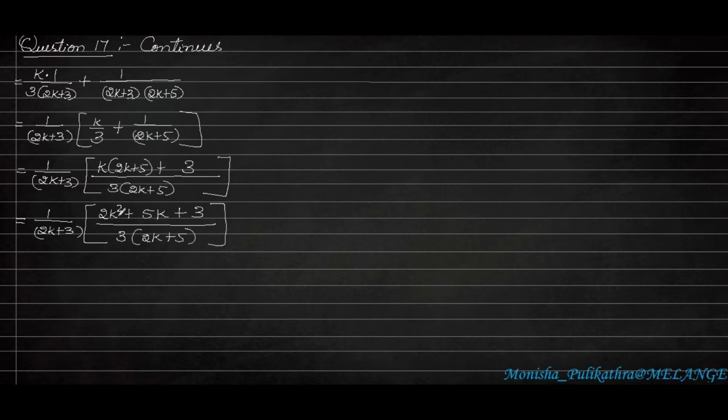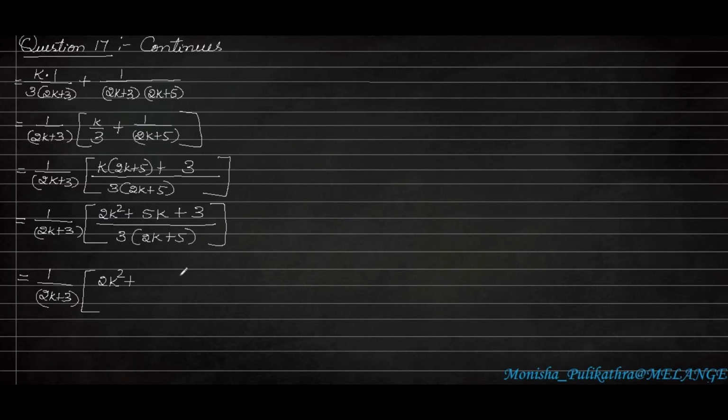So here in the numerator you have to split the middle term. So 1 by 2k plus 3. We have to split the middle term in such a form that if we multiply the two split terms, we get the multiplication of these two extreme terms. That is 3 2s are 6. So 3 into 2k square is 6k square.